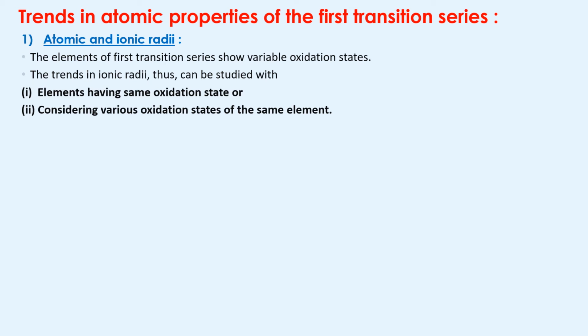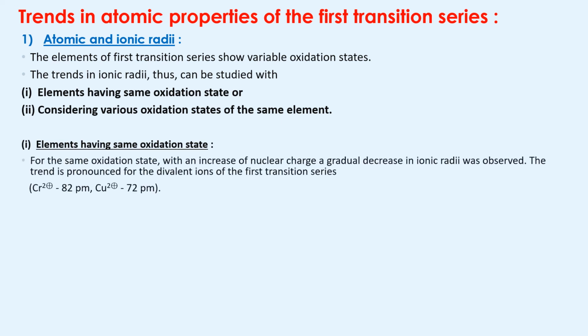That is, elements having the same oxidation state, which is our first consideration, or considering various oxidation states of the same element. First we compare our series, with the elements present in +2 form. Then second, we consider chromium as a single element but present in different oxidation states.